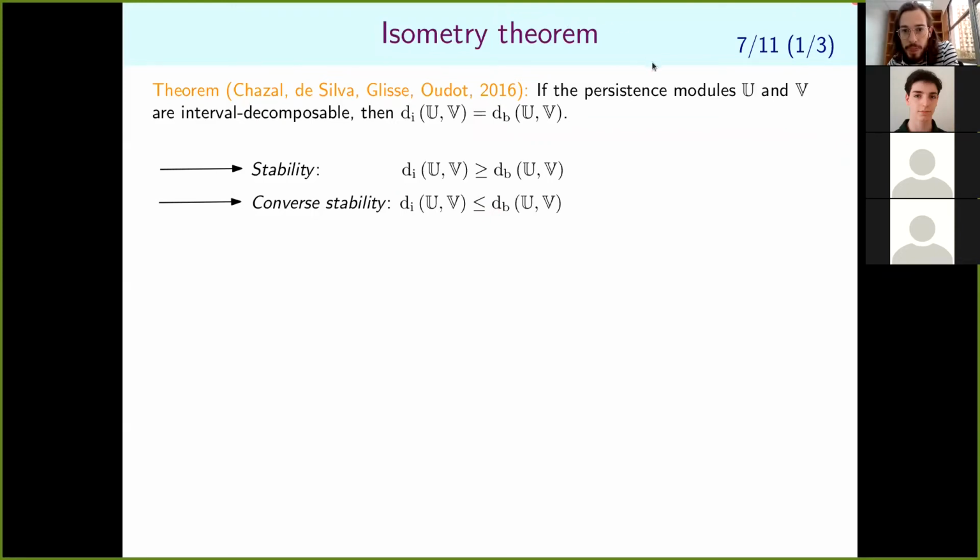And actually there is one direction which is way easier to prove, and this is the converse stability part. Okay. So this is what we will prove first. We want to prove that the interleaving distance is smaller than the bottleneck distance.